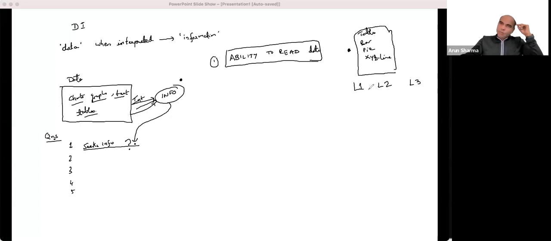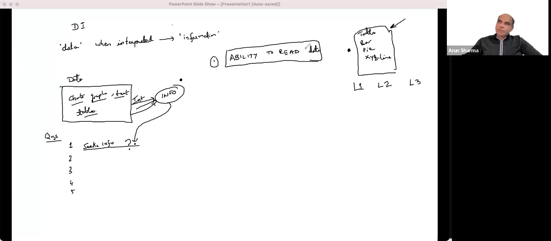So what I want you to do when you start preparing is, your first preparation point is the book and these chapters inside the book.